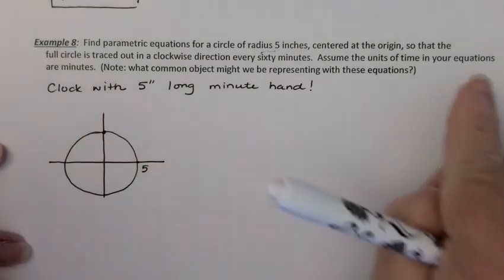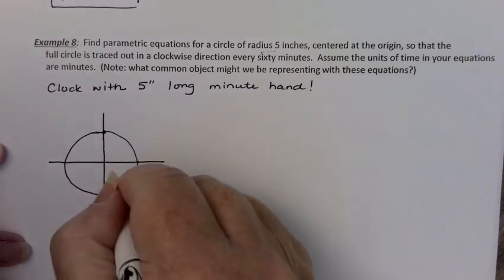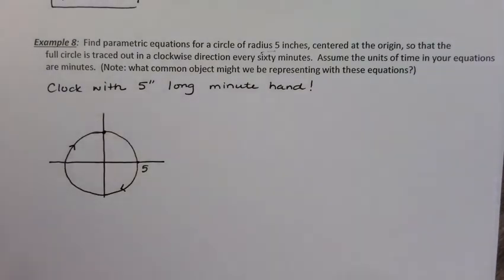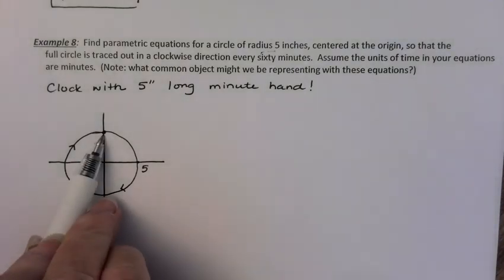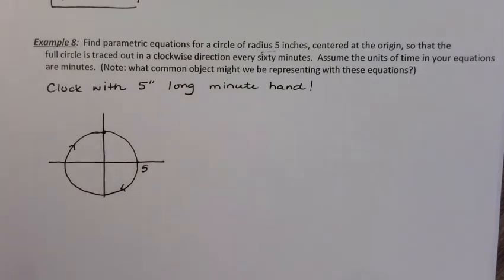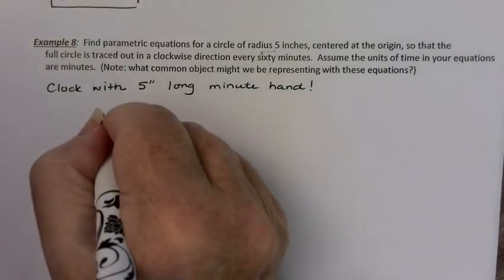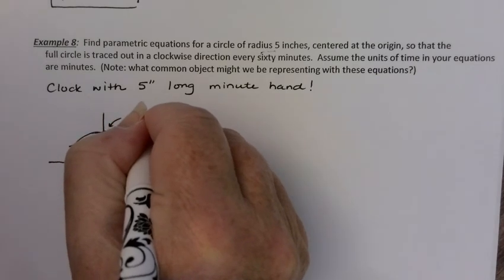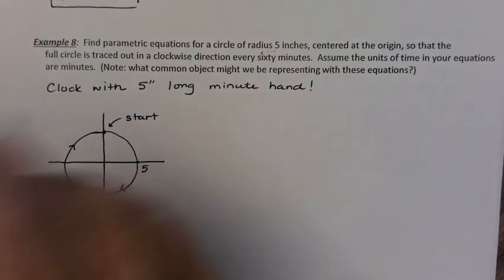And we were told that we want to go around clockwise, which would make sense again if we're modeling a clock. We weren't told, but if we really are modeling a clock, maybe it would make sense to go ahead and start up here on the y-axis, kind of imagining like your minute hand starting on the hour. So let's do that. This is sort of a choice, but I'm going to choose to start here.